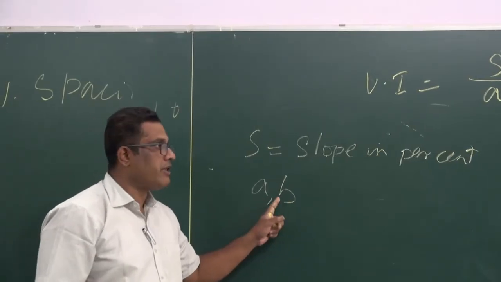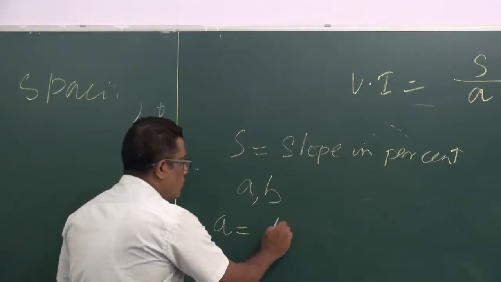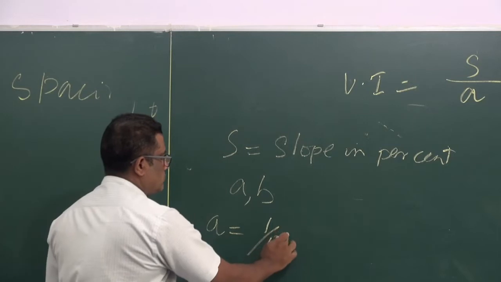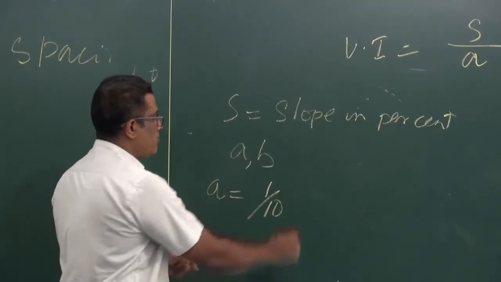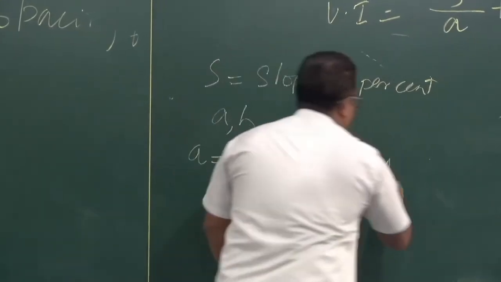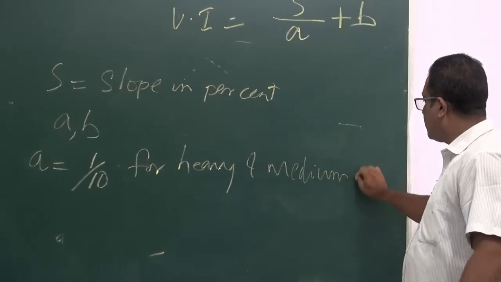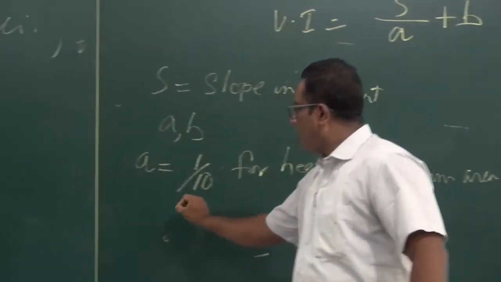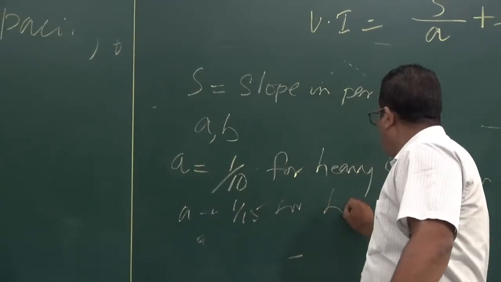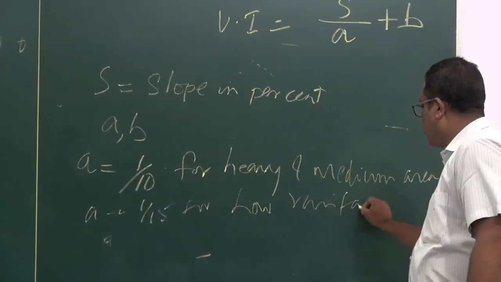And this is a very generalized formula where the value of A is 1 by 10 for heavy and medium rainfall areas, and A is 1 by 15 for low rainfall area.